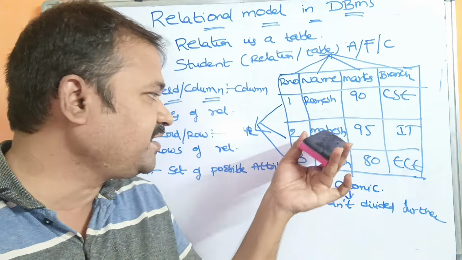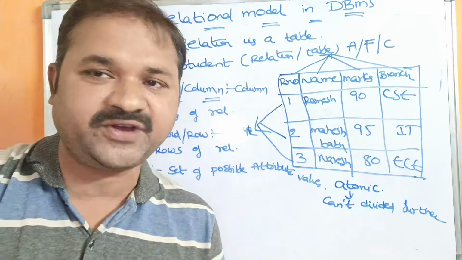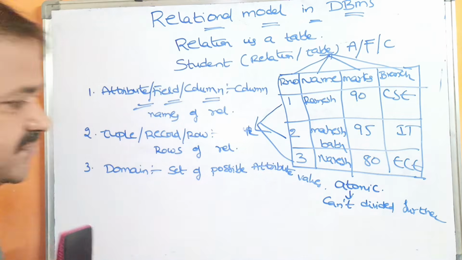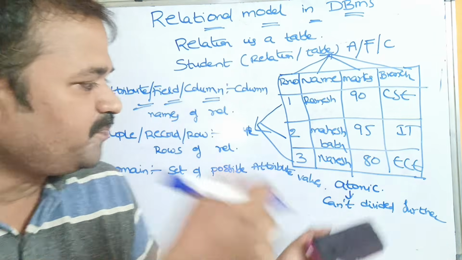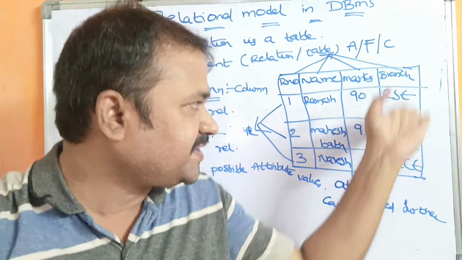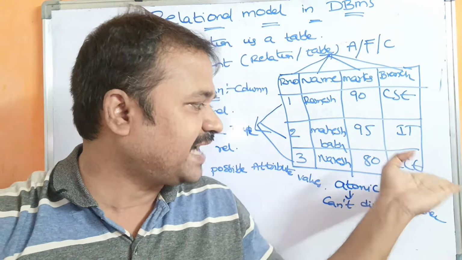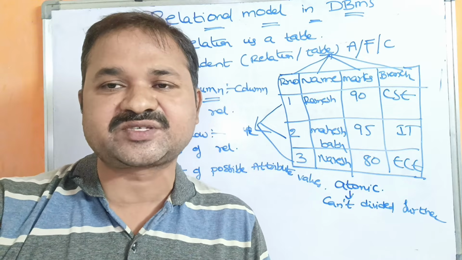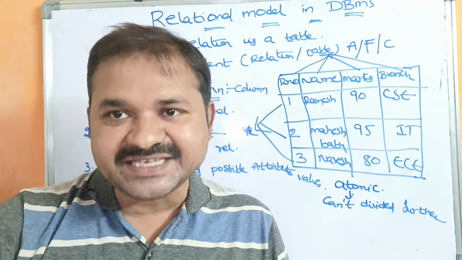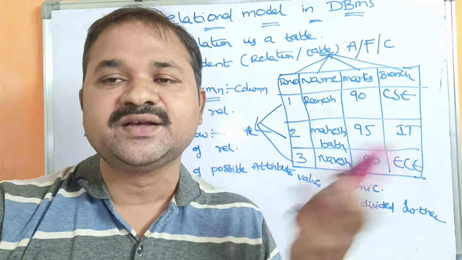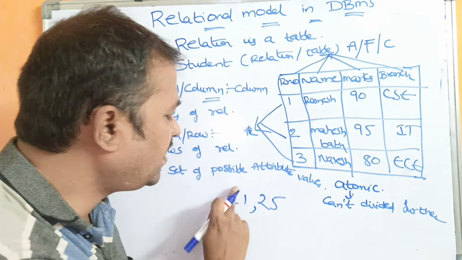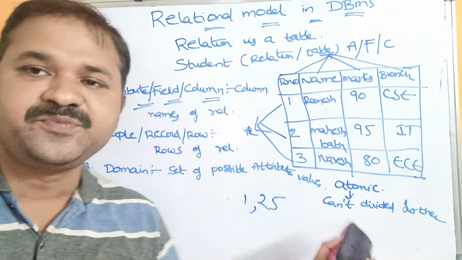So this is called the domain. Domain means attribute values. If you take the example of branch, what are the attribute values? CSE, IT, ECE, mechanical. Those are the attribute values. If you take student roll number, the possible attribute values may be from 1 to 25. So these are the attribute values.